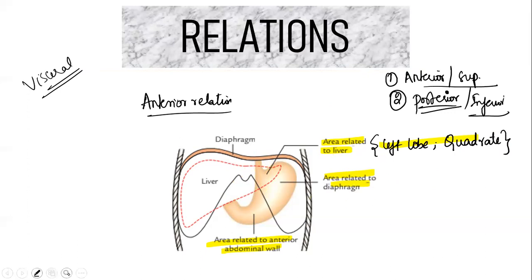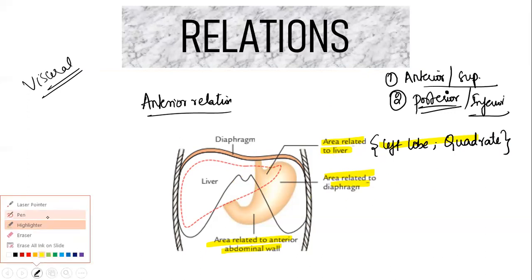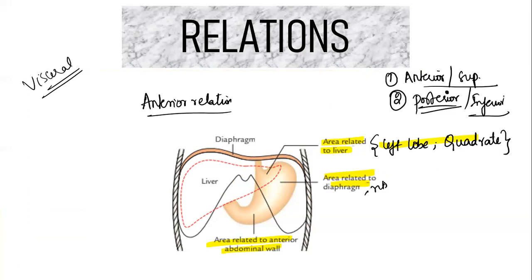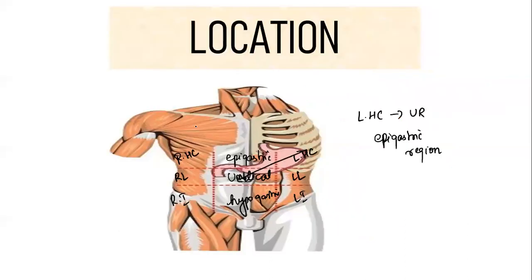So he has given the area related to the diaphragm. So the diaphragm and the associated rib cage, right? Then the area related to the anterior abdominal wall. So this is the relation of the anterior surface of the stomach. This is all imaginary, right? If you know the location of the stomach, if you take the very first picture, yes, this is the stomach. Here you'll be having the liver, and here you are having the diaphragm, right?